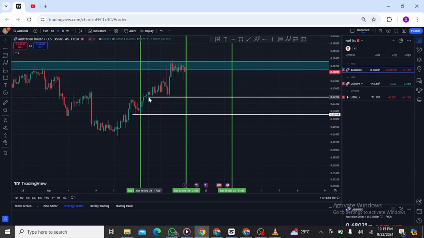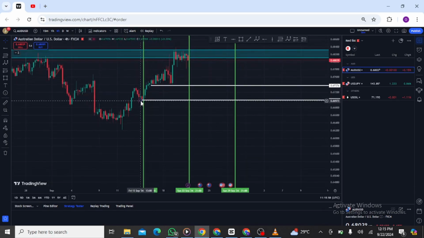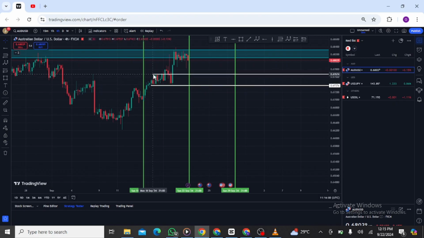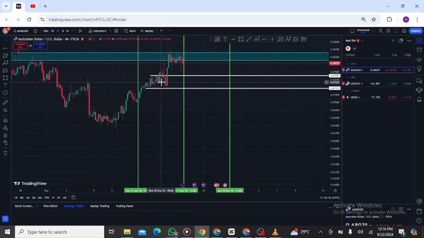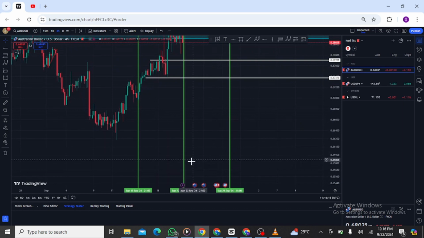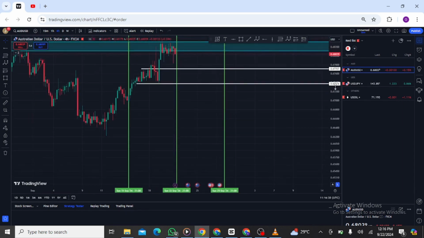You can say this one created this high. Yes, it created this high. So when this high got broken, which one is the recent low? What is happening to my collective?